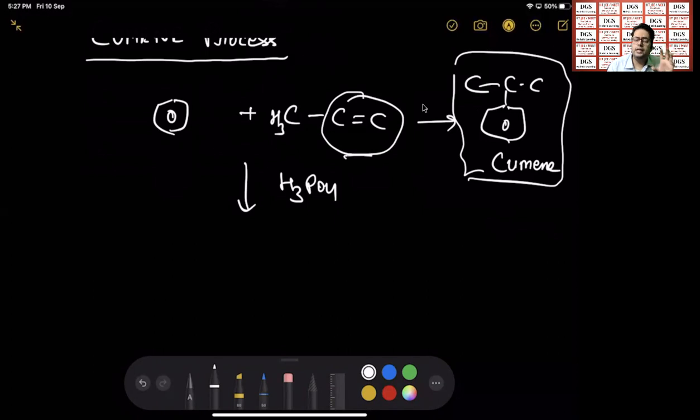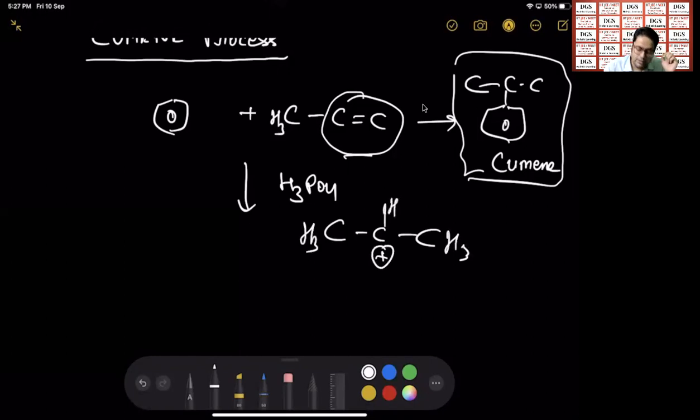This electron density wants one H+ towards itself. Now, this is pretty similar to what we have observed in electrophilic addition reactions, Markovnikov addition, say. So we will get an intermediate, which is this, a carbocation.